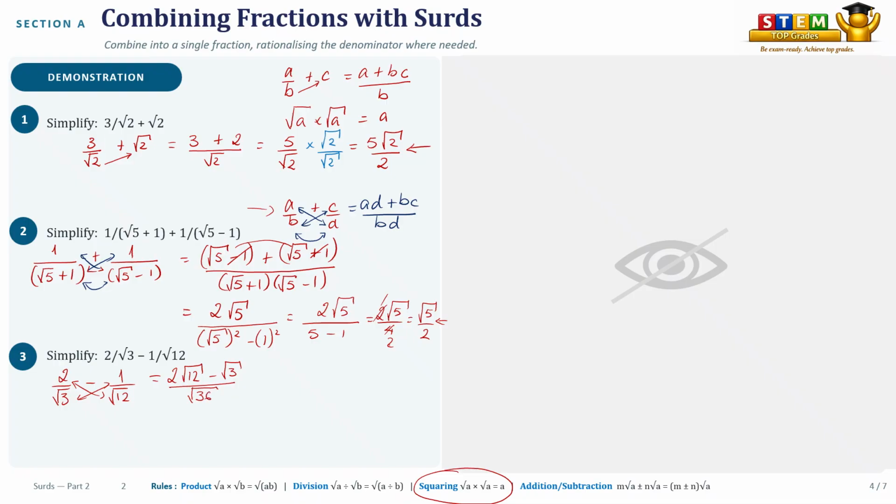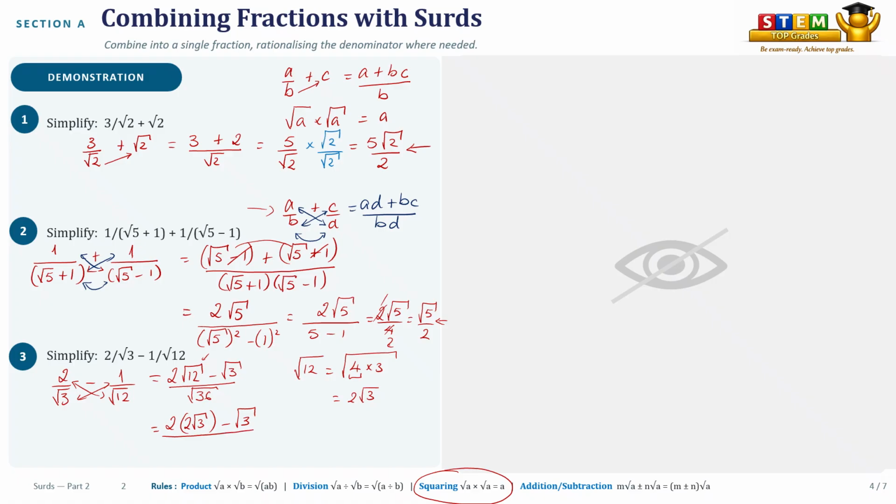Now there are a couple of simplifications we can do, such as square root of 12, which is the same as 4 times 3 under the square root. That one is just going to give me 2, and then we are going to get root 3 as a surd. So why do we have that? It is because over here I'm going to replace this by 2 root 3 minus root 3.